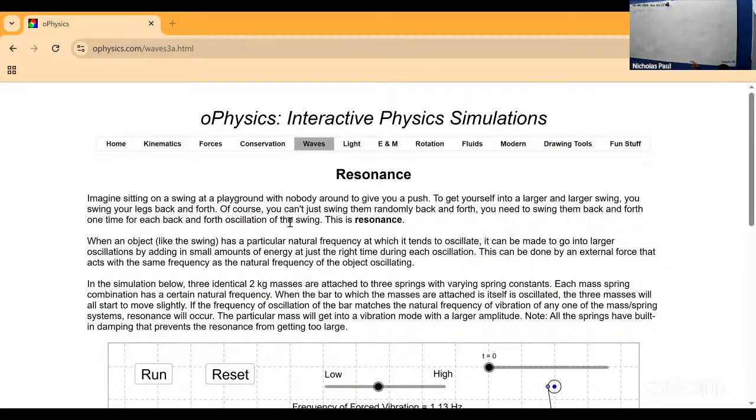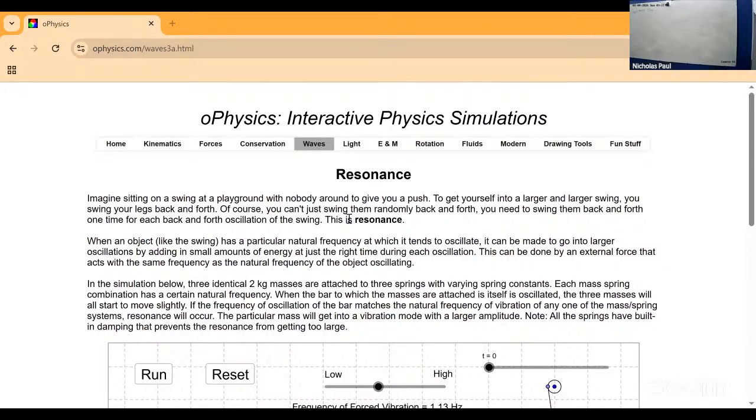No, push your body in the same direction, right? So basically what has to happen is that the frequency you are moving at has to be the same as the natural frequency of the swing. When that happens, you'll have a nice big oscillation. And that situation, we call it resonance.